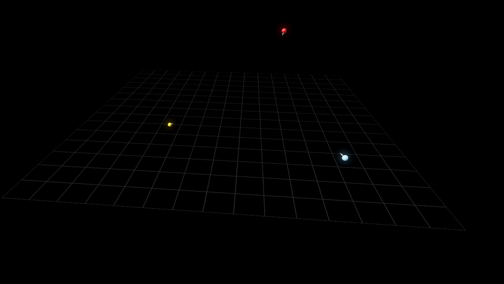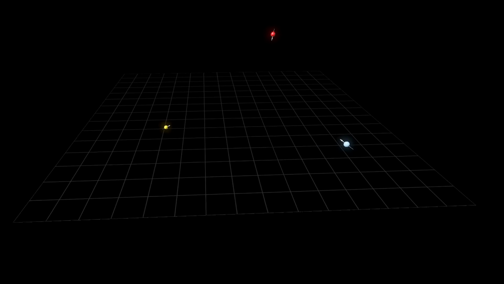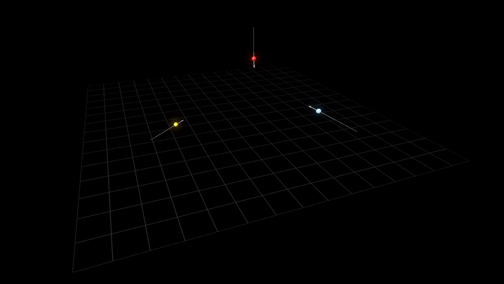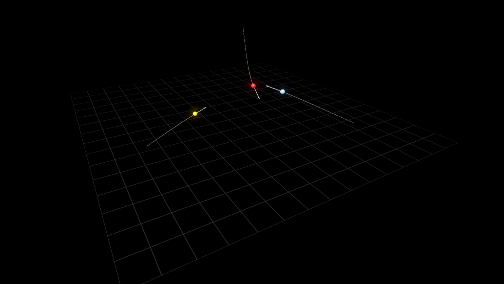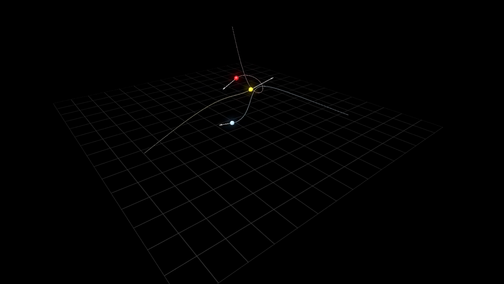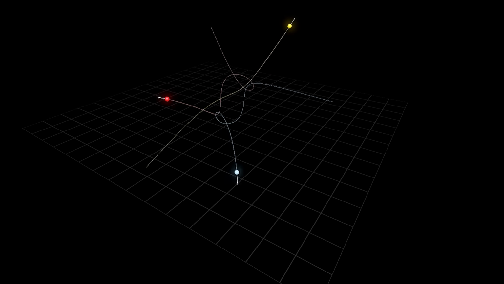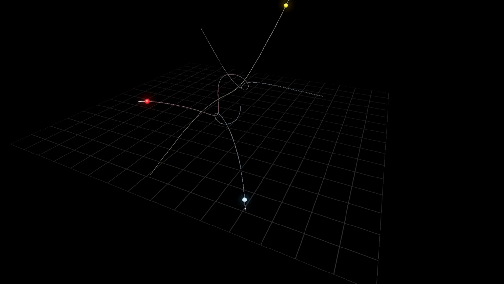I visualized it in my simulation. Position of bodies are random and masses are equal. The system is highly unstable and eventually collapses.